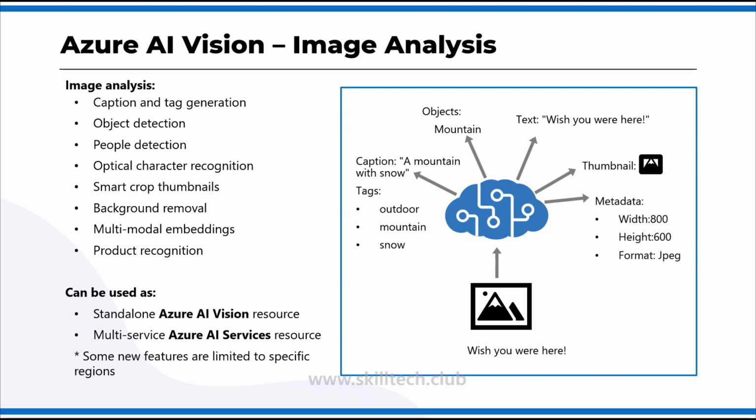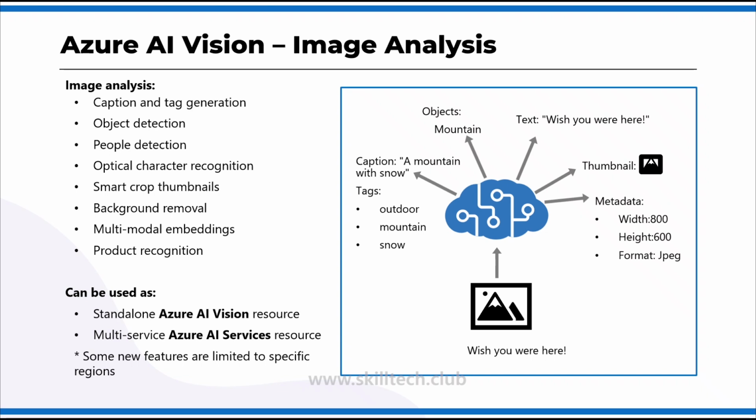It can also do object detection and people detection inside that image. It can use OCR to read text from that image. It can do smart cropping for thumbnail creation. It can remove background. It can create multimodal embeddings, so that you can extract valuable things with proper highlighting of the proper objects. And you can also do product recognition.